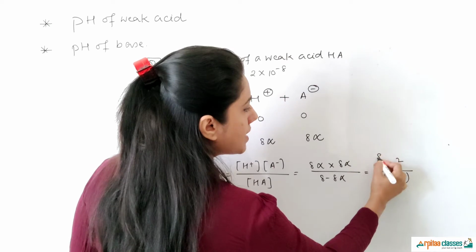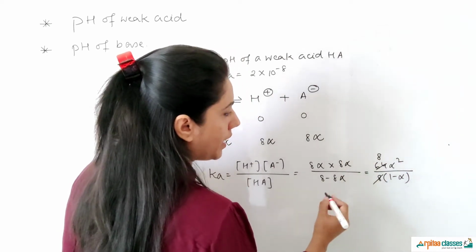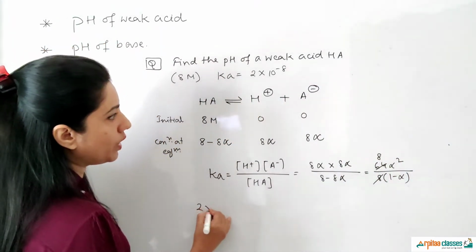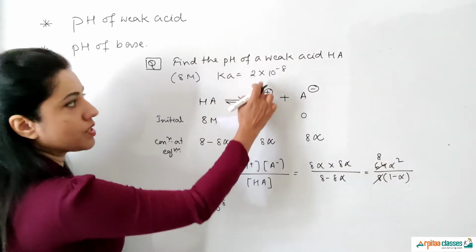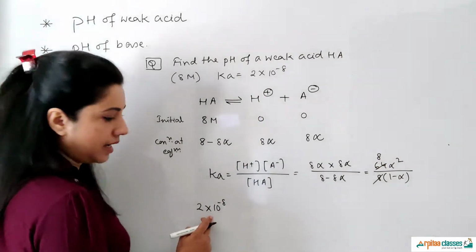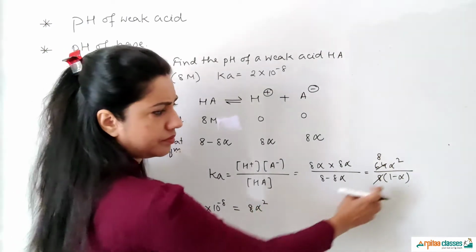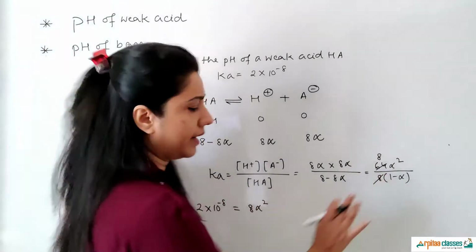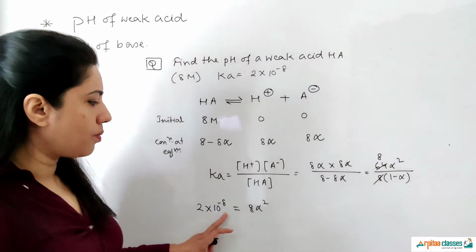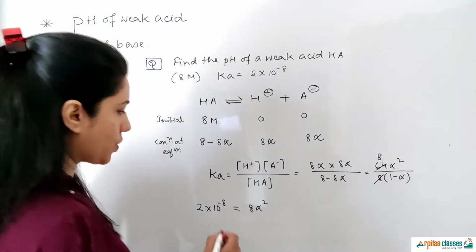This is getting cancelled. So you are getting 8 alpha squared. So 2 into 10 raised to power minus 8, which is the value given for Ka, is equal to 8 alpha square. 1 minus alpha will be neglected.